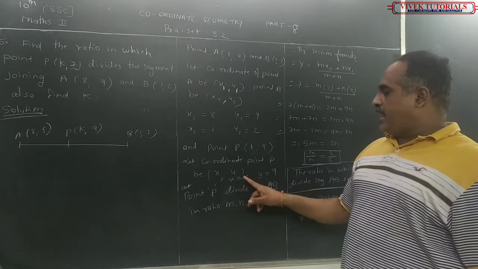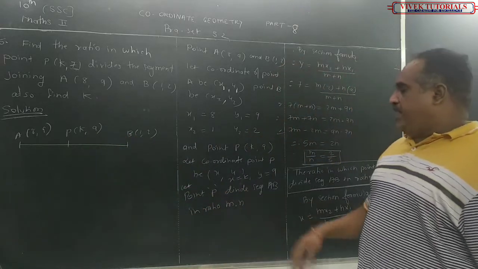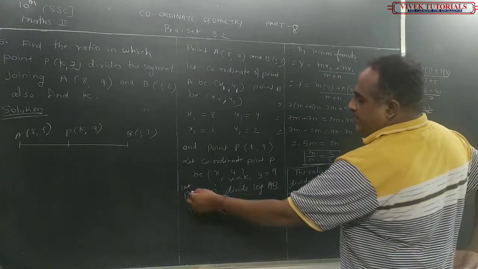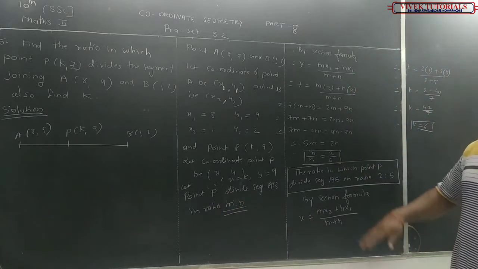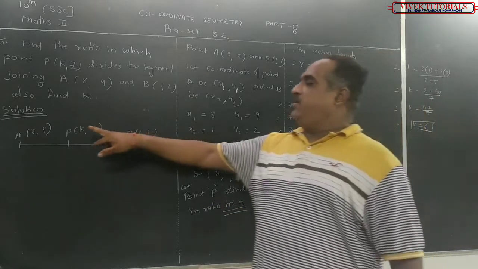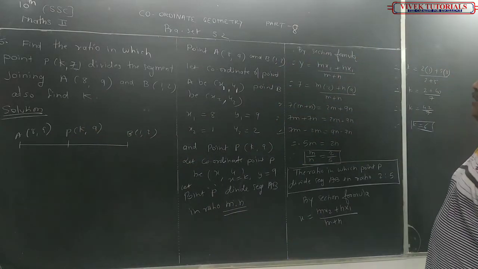So the value of x is k and the value of y is 7, right? And point P divides the segment in the ratio m is to n. But we have two values, x is k and y is 7, so by putting k we will not get the ratio.